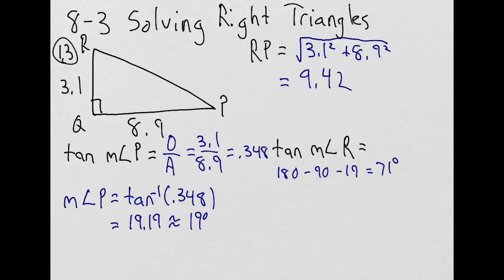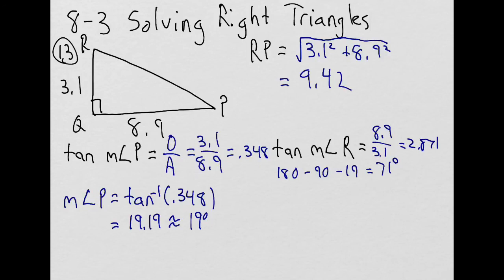Again, I'm going to go through this quickly. Tangent is opposite over adjacent. In this case, it's flipped around because now we're looking at the measurement of angle R. So now the 8.9 is opposite and the 3.1 is adjacent, so our ratio is flipped. It's going to be 8.9 over 3.1, which is about 2.871.